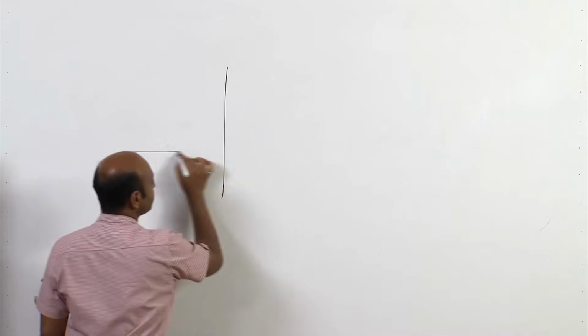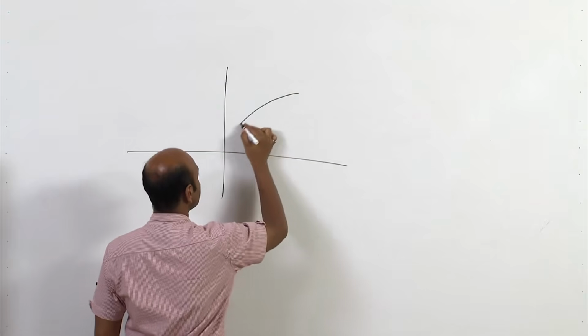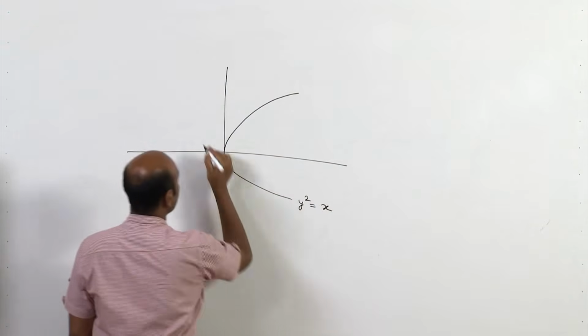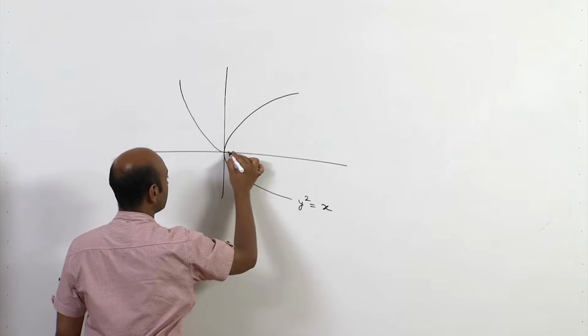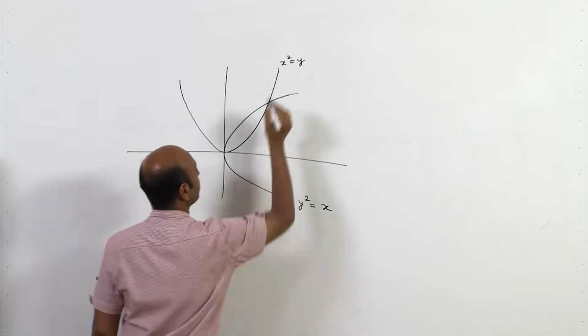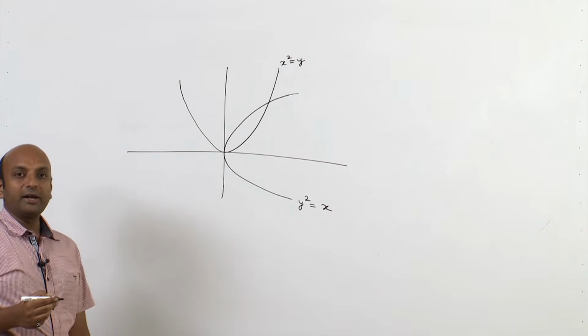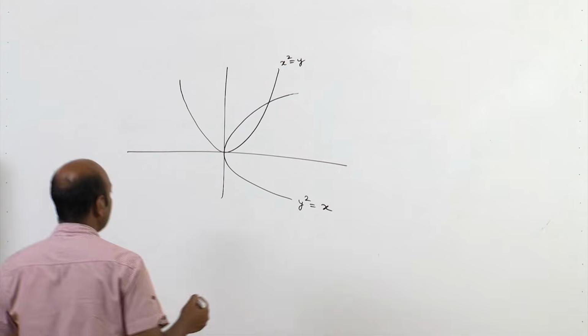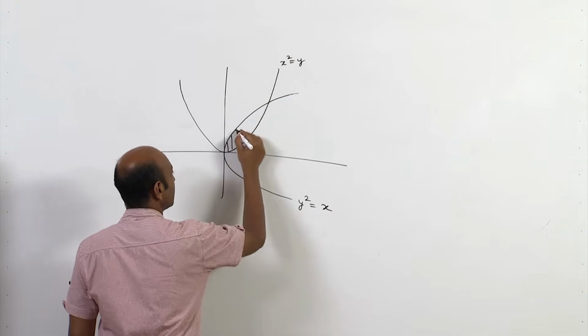Suppose these are two curves, say y squared equal to x and x squared equal to y, and you want to find the area enclosed by these two curves. What is that area? Is it this area?